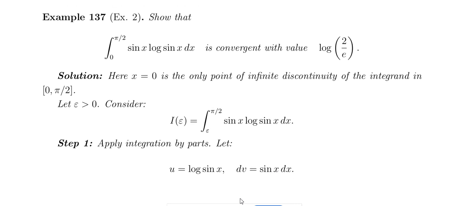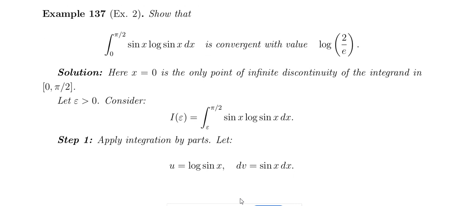And this is another problem. Integral 0 to pi by 2 of sin x log sin x dx is convergent with value log of 2 by e. What is this problem? Here there is log sin x, and sin pi by 2 is 1, sin 0 is 0. Okay, here log sin 0 is log 0.